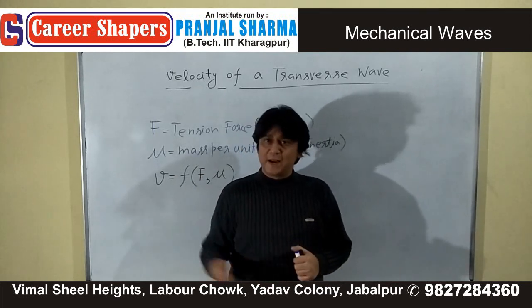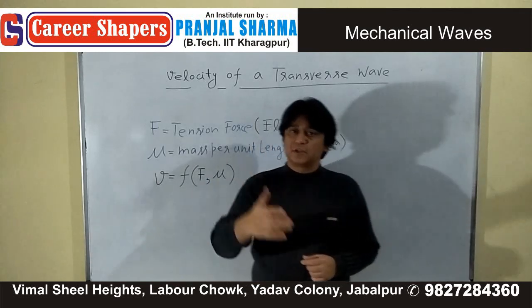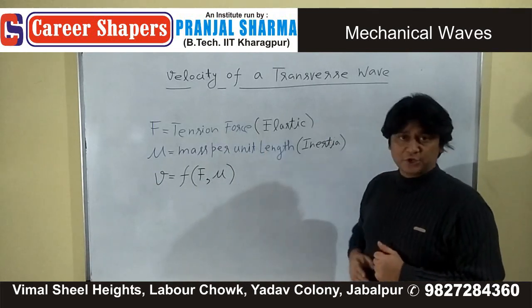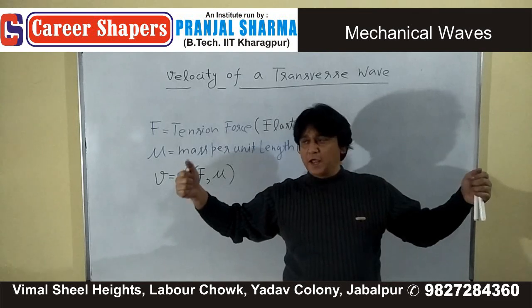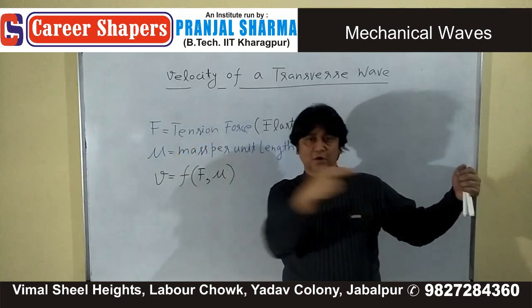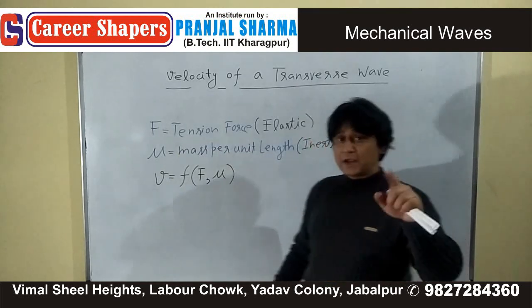They will simply die out within 5 or 6 centimeters if you produce small oscillations. But keep it tight, and then try to oscillate one end, and you will find that the wave is traveling along the length of the rope.